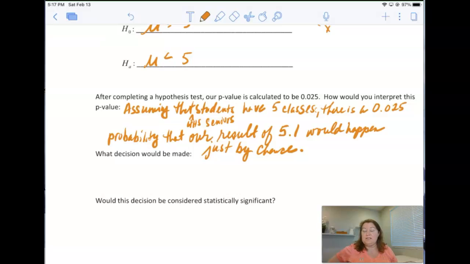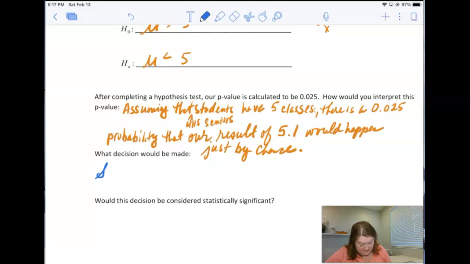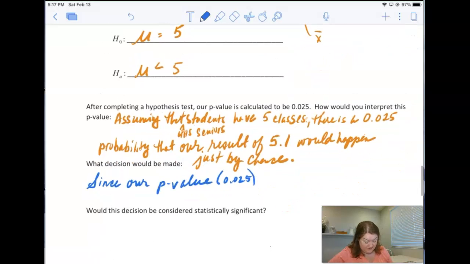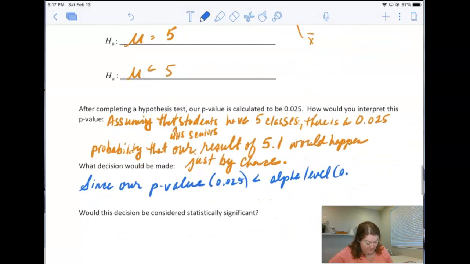Okay, so what would we decide? Well, our decision now is going to be comparing the p-value to our alpha level. So comparing the p-value to our alpha level, we would say since our p-value, which is 0.025, is less than our alpha level. What was our alpha level? 0.05, right? So this is less than our alpha level, and you can use the symbol here if you want, our alpha level of 0.05.